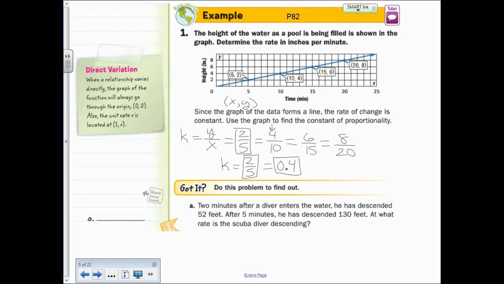If I asked you for the constant of proportionality or the constant of variation, you can tell me that it is 4/10. So there is a direct variation here. So it is 0.4 or 2/5 inches per minute, right?